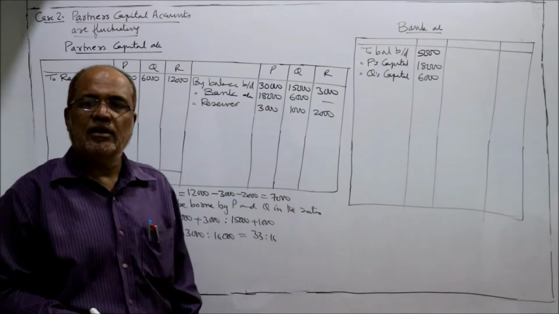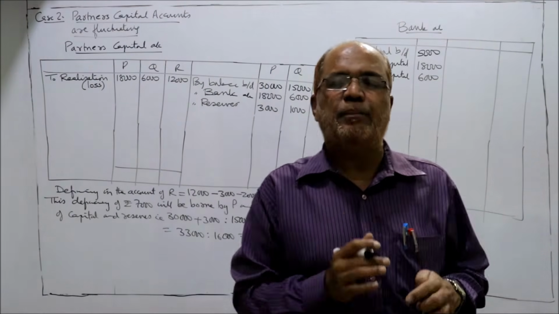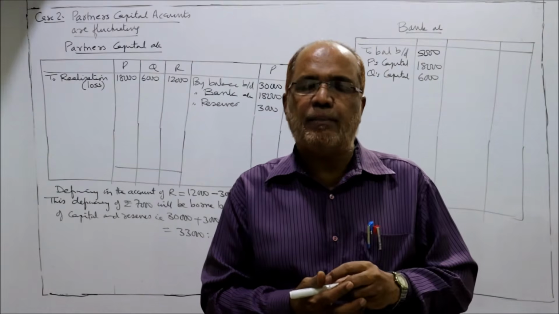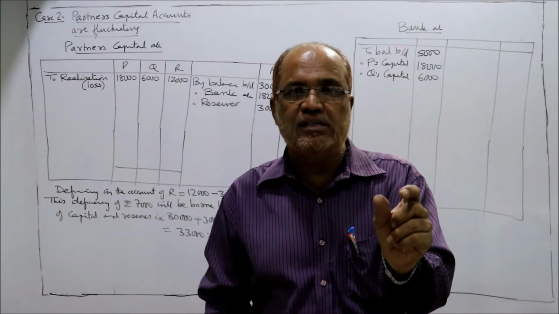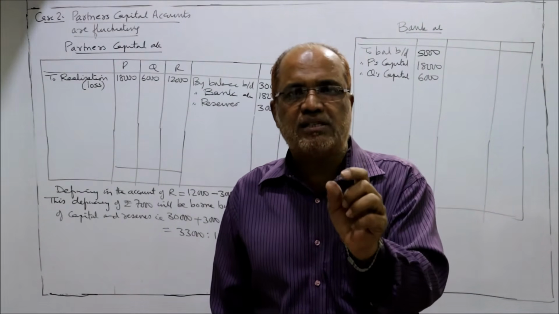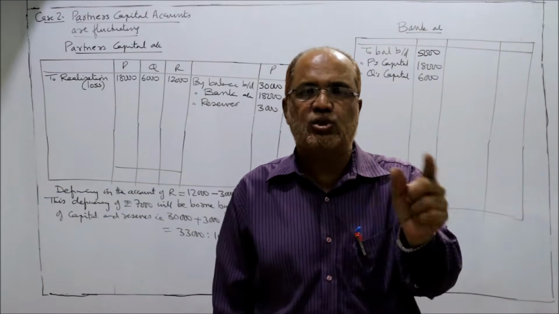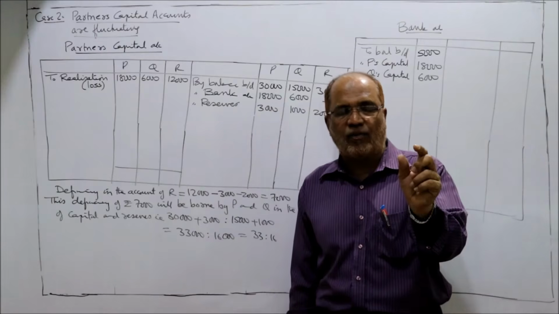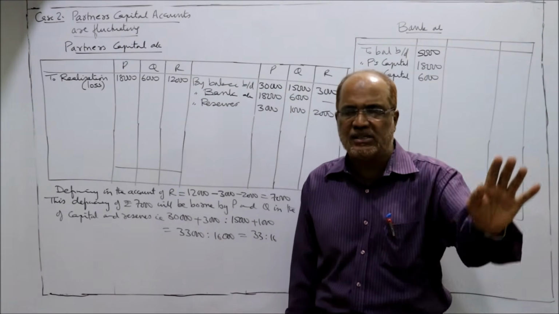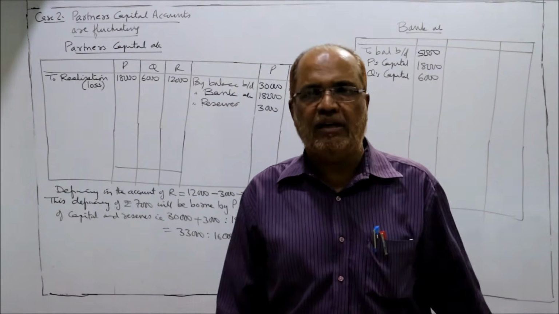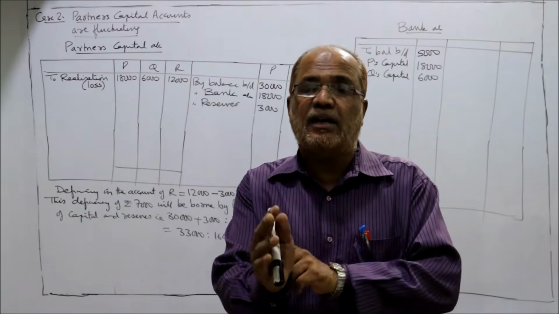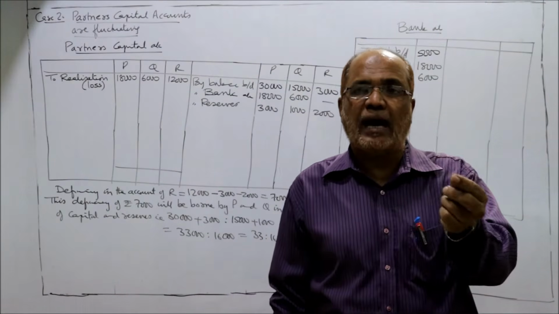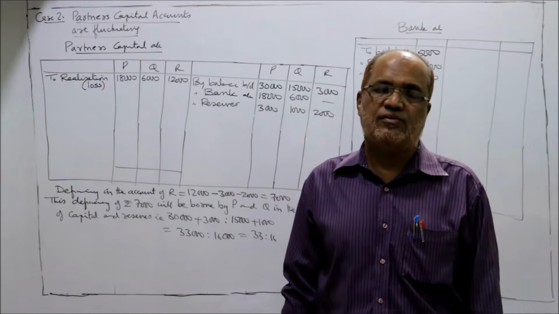This is a new point. In the previous case, the fixed capital method, we will not consider the reserves. Only the fixed capital ratio, 30 is to 15. If we follow the fixed capital method, we take only capital, not reserves. Only 30 is to 15. If we follow the fluctuating capital method, the capital should be adjusted for reserves.